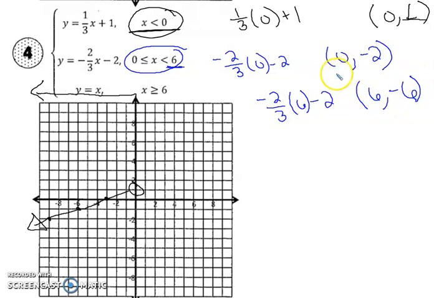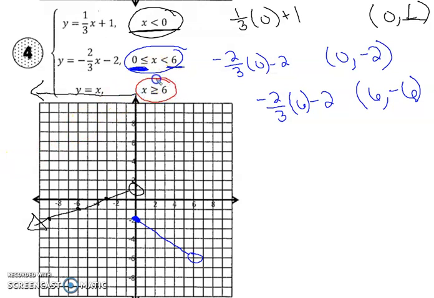So first of all, the 0, negative 2, is that open or closed? Closed. My other boundary is 6, negative 6. Is that open or closed? Open. And then I just connect the dots. That makes Eva happy when we do the connect the dots.